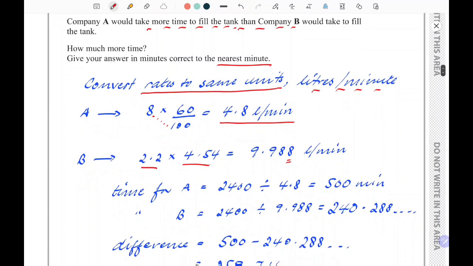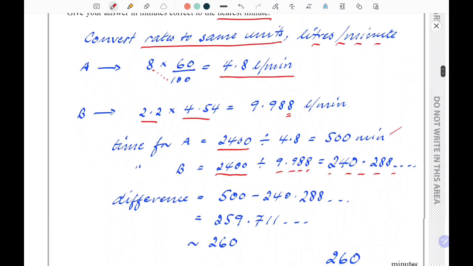All right. So now we work out the times, and we know that the amount that we need is 2,400 divided by 4.8 equals 500 minutes, right, on the dot. B, 2,400 again, and this time 9.988 liters per minute. So the number of minutes is about 240.288.